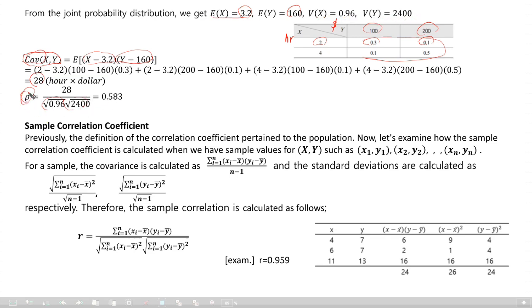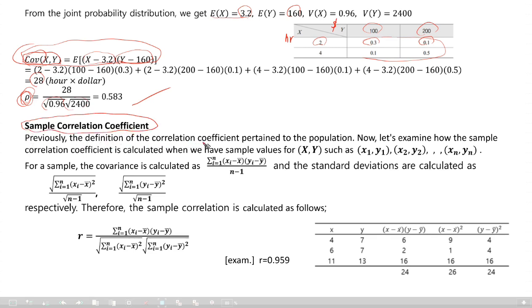Then the correlation coefficient gets 0.583. Get it? This one is a little complicated, I think, but it is not that hard.